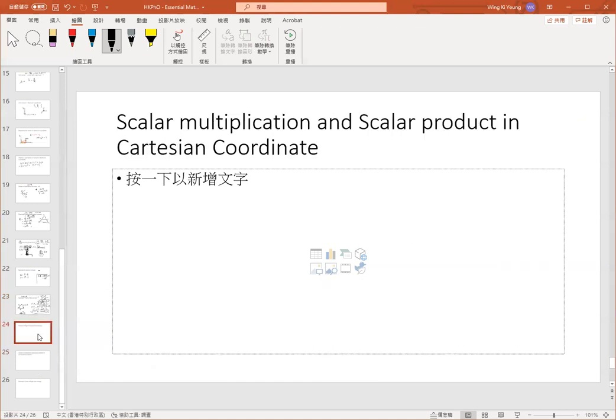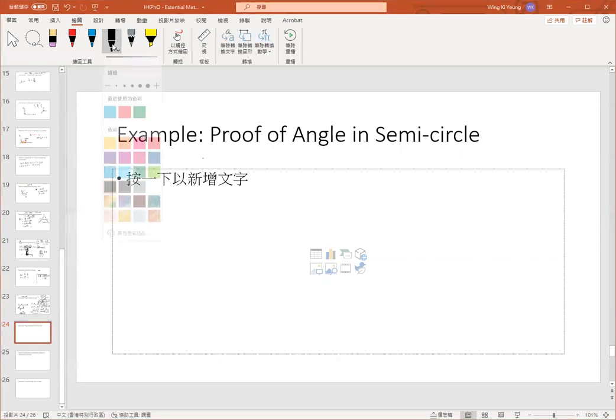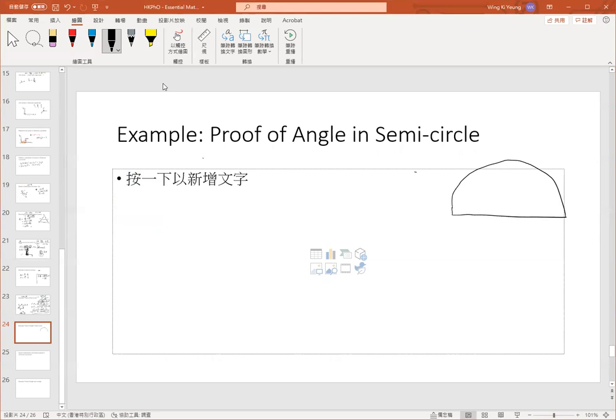The next one is the angle in a semicircle. I'm not sure if you have learned it before. June, have you learned it? No? Okay, I think none of you have learned it before. So this is a semicircle, and O is the center of the semicircle.